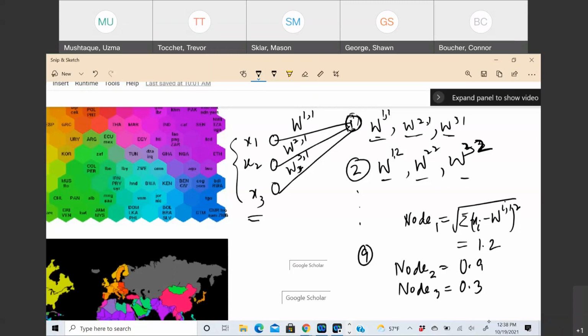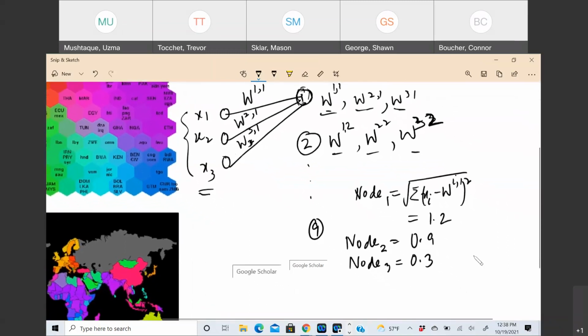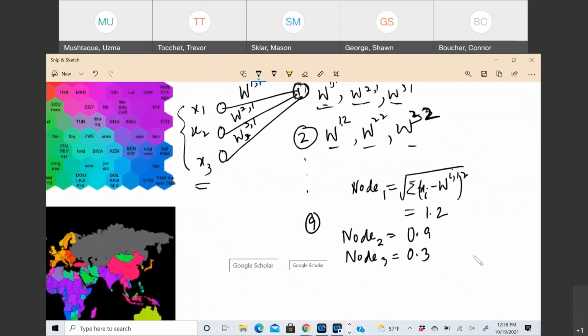But now remember, in competitive learning, I said that there is this winner strategy, like either one could be the winner or more could be winners. Let's say that we have one winner, and that one winner is going to be the node that is nearest to my input. Because what exactly am I computing here?